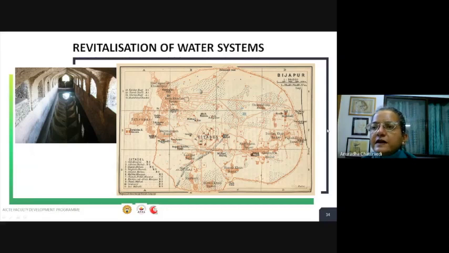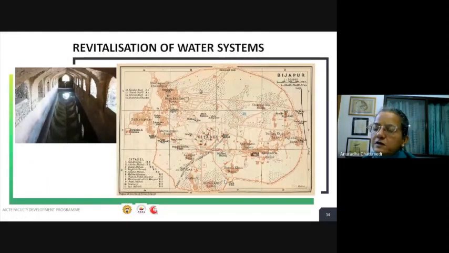We can see that in this plan of Bijapur, which dates back to the beginning of the 20th century. It shows the medieval walled town at the beginning of the 20th century, and it identifies the innovative water systems which sustained a very large population during the medieval period.